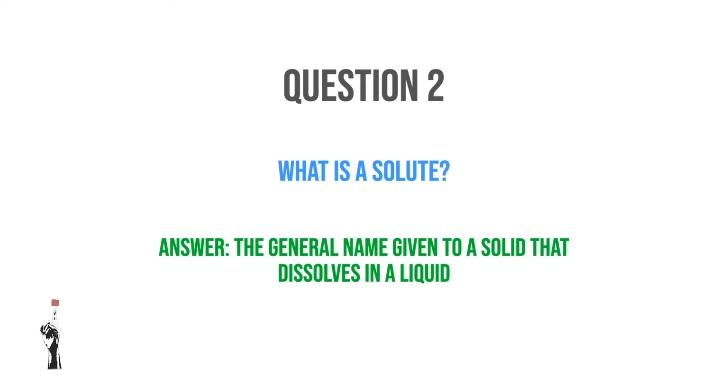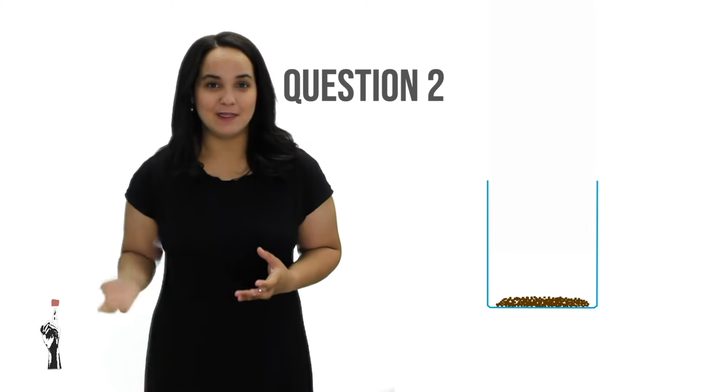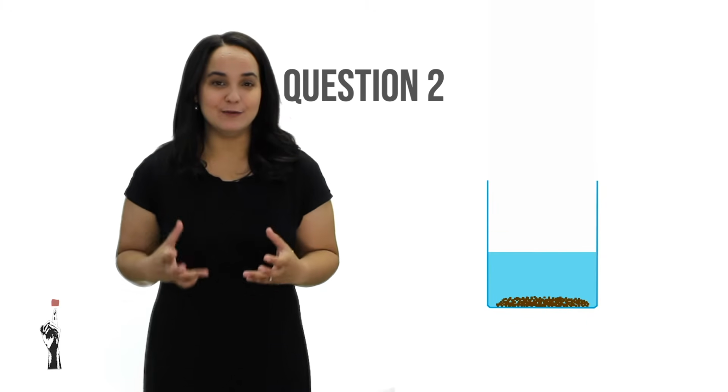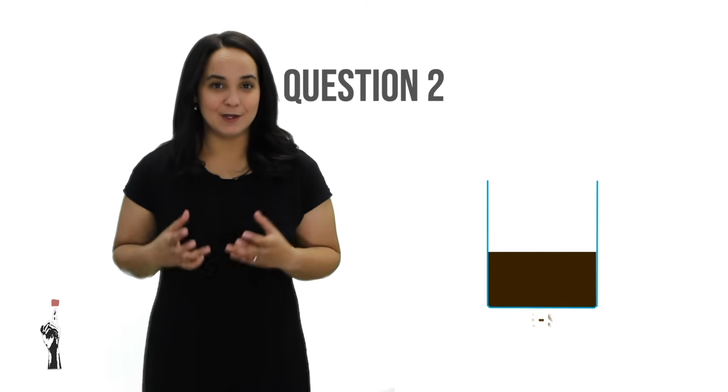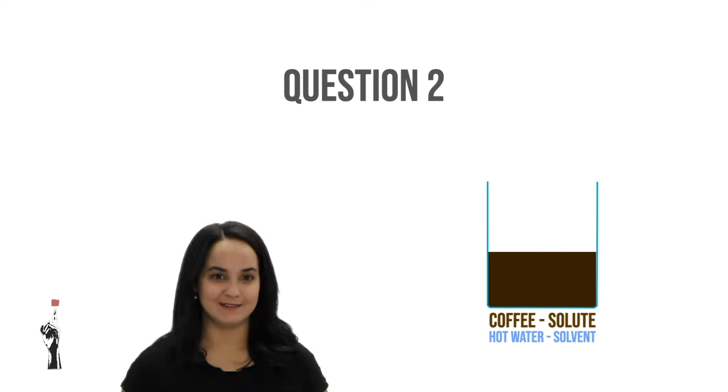It is the general name given to a solid that dissolves in a liquid. Now this concept can be explained by making coffee. Once we place the coffee into the beaker and we add the water, the coffee now dissolves in the hot water, making the coffee the solute and the hot water the solvent.